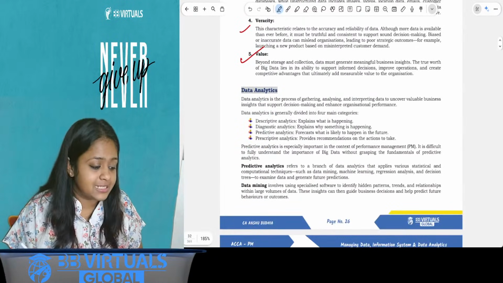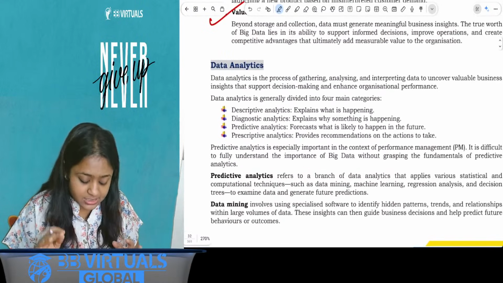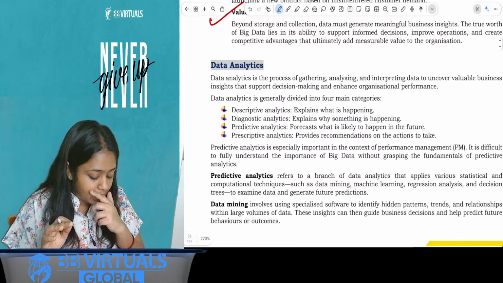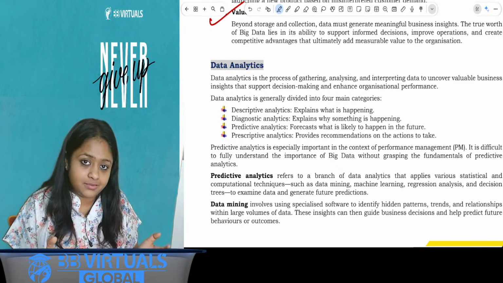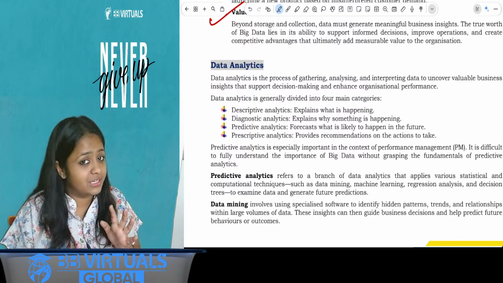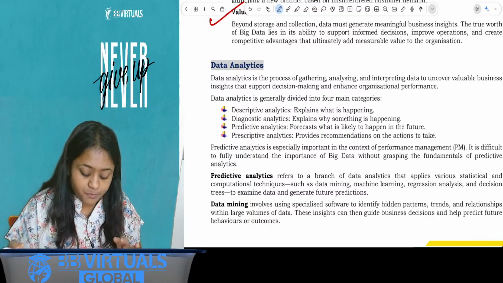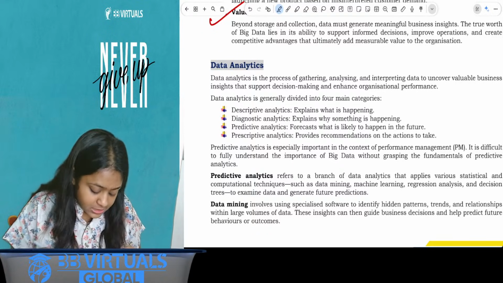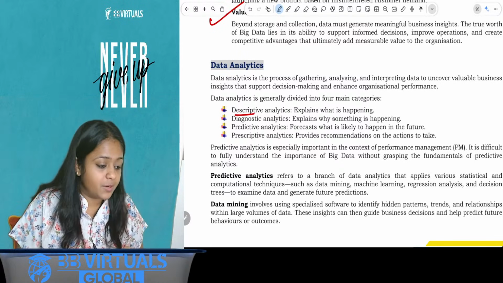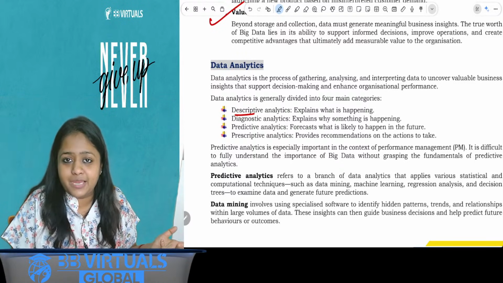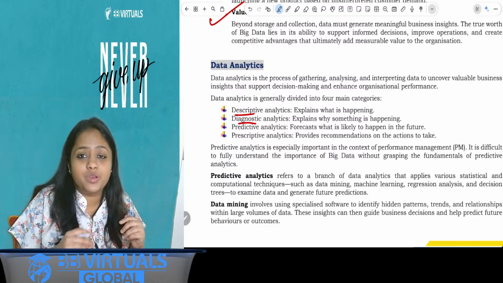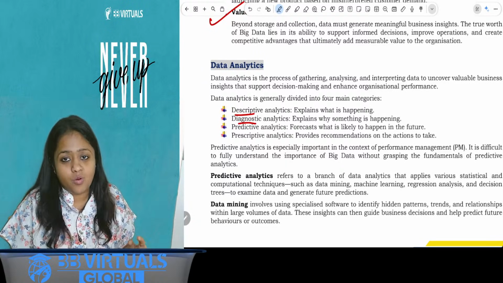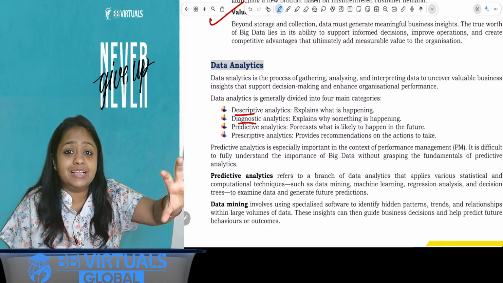So data analytics, like I told you, is a process of gathering and analyzing the data to bring meaningful results for the clients. It includes four main categories. Descriptive analytics simply explains what is happening. Diagnostic analytics explains why it is happening, for example, why sales are falling.